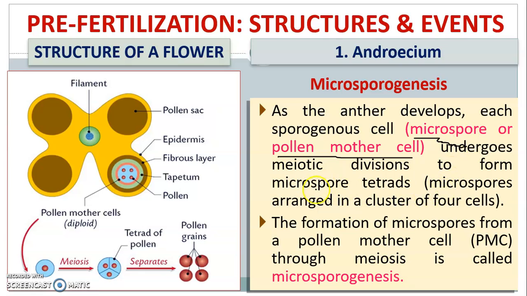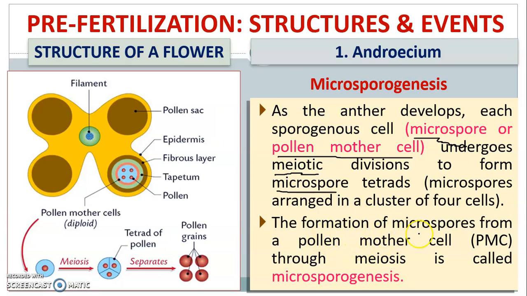It undergoes meiotic division. Very special thing, meiotic division means meiosis, which means it undergoes reduction division. So when a cell undergoes reduction division, it converts into a microspore tetrad, and these microspores are haploid in nature, because these microspores are the result of meiosis, right?